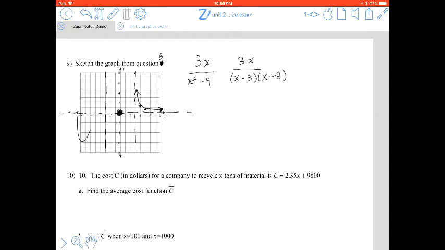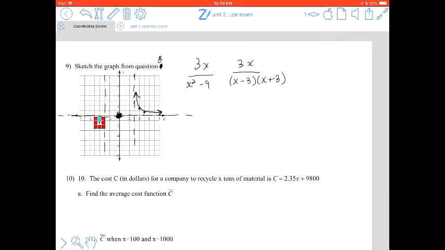Now I'm going to do a similar thing to find out what's happening on the graph over here in this region. So I'm going to test -4 and -5. So 3 times -4 is -12. -4 minus 3 is -7. -4 plus 3, that's -1. So -12 divided by 7. A little bit more than -1, or in this case a little bit less, so that would be right there.